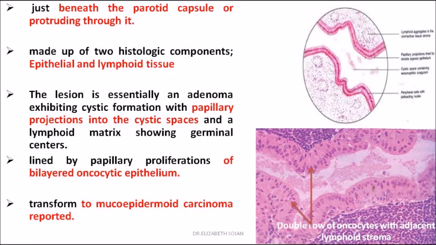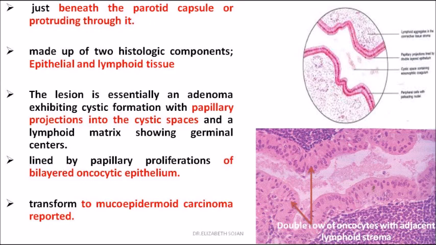Now, Wharton's tumor is the only tumor which gets transformed into mucoepidermoid carcinoma. So most of the times Wharton's tumor can transform into which tumor? Into mucoepidermoid carcinoma. Wharton's tumor is a benign tumor. It can get transformed into a malignant variety of salivary gland tumor, which is mucoepidermoid carcinoma.